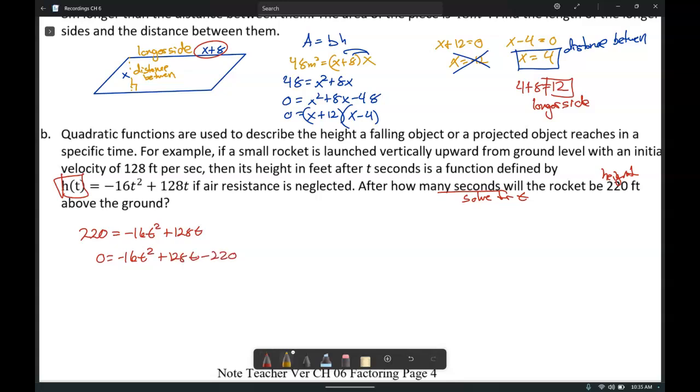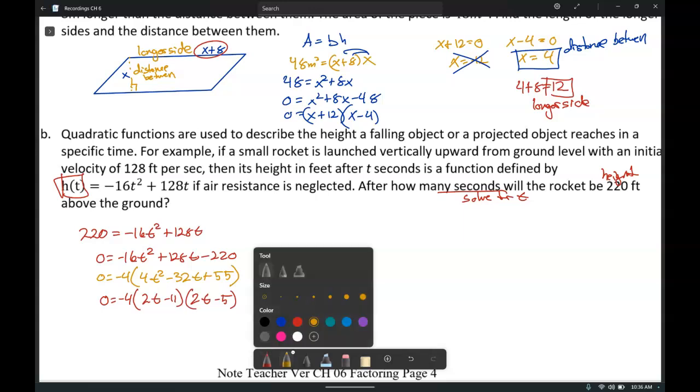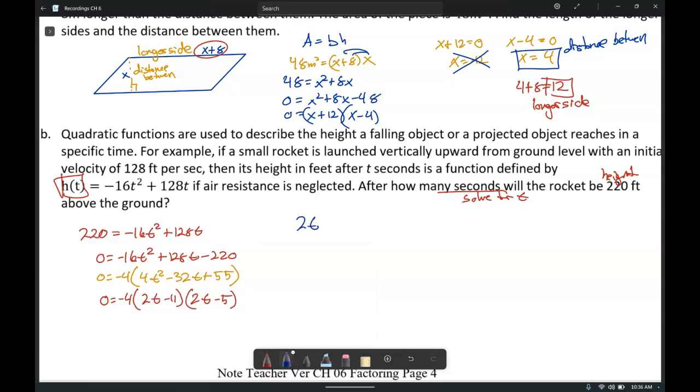We have a GCF, which makes factoring a little bit easier. Let's go ahead and factor out a negative 4. And then our quadratic will factor to be 2t minus 11 and 2t minus 5. We'll set both of these equal to 0.